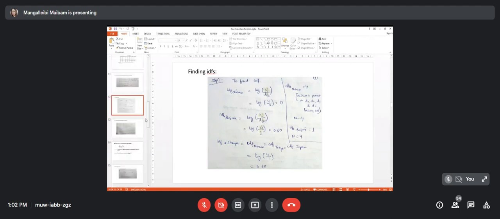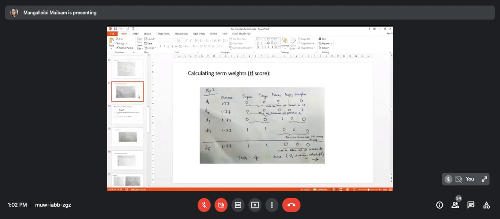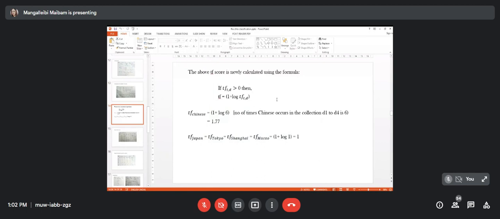Now comes the second step, which is to find the TF score. The TF score is newly computed using this formula. If the term frequency is greater than 0, we calculate it; if it is equal to 0, it is not necessary to calculate.